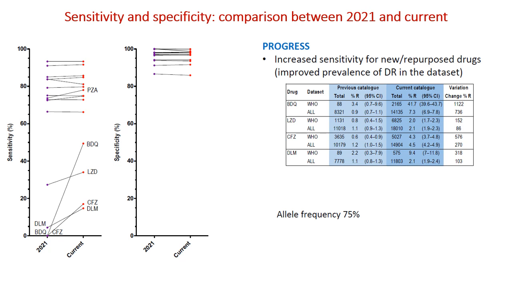In terms of sensitivity and specificity, so the performance of the catalog compared with the first edition, you can see that there is increased sensitivity for the new repurposed drugs, which is quite remarkable for bedaquiline and also linezolid.